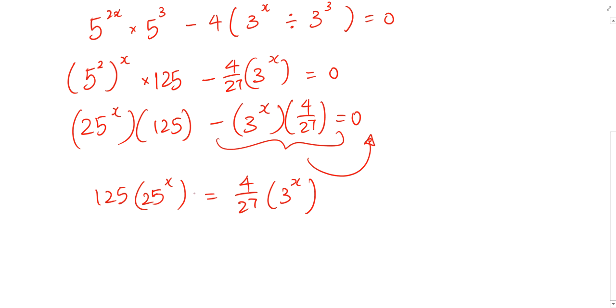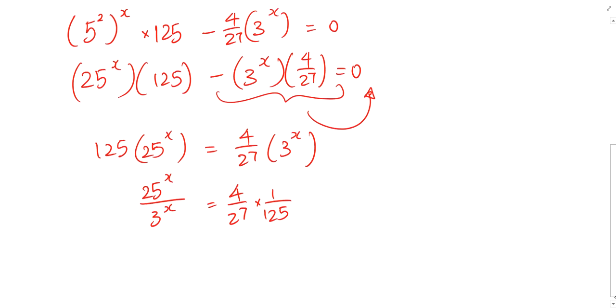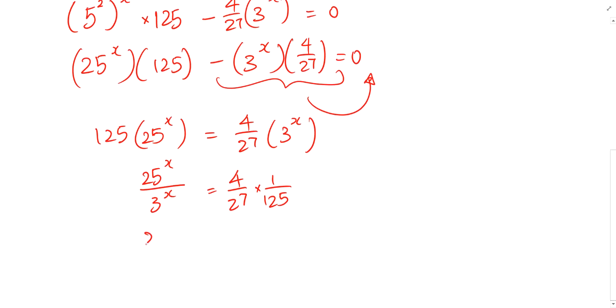Move the x over, so divide by 3 to the power x on both sides. 25 to the power x divided by 3 to the power x equals 4 over 27 times 125. Divide by 125 on both sides, times 1 over 125. So now on my left-hand side, I've got 25 over 3, to the power x, equals 4 over 27 times 125.